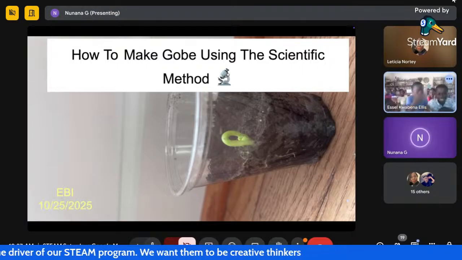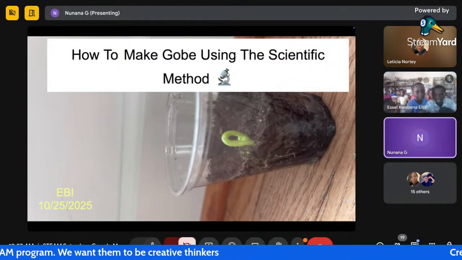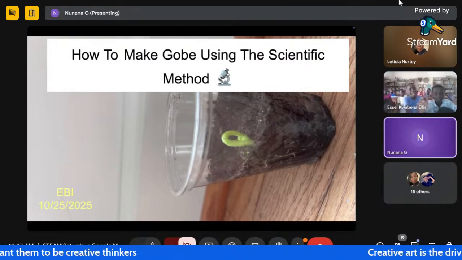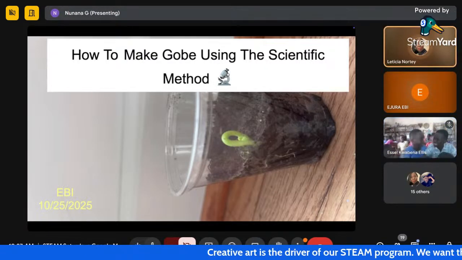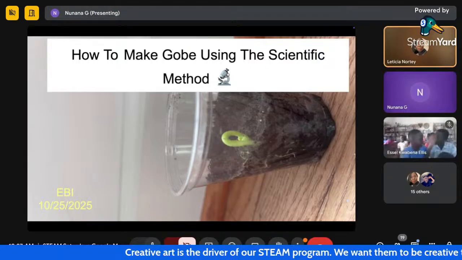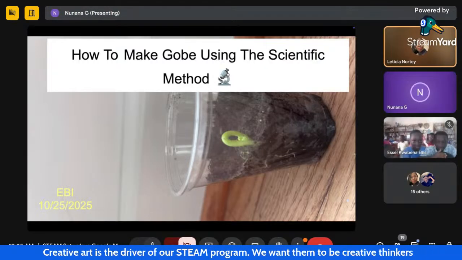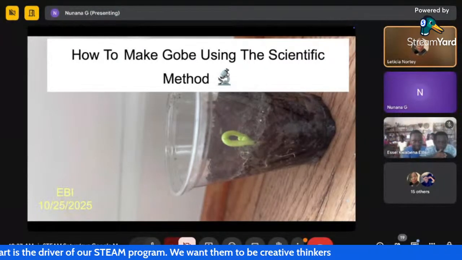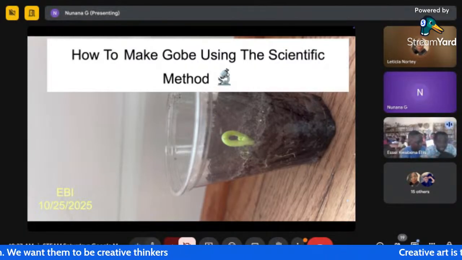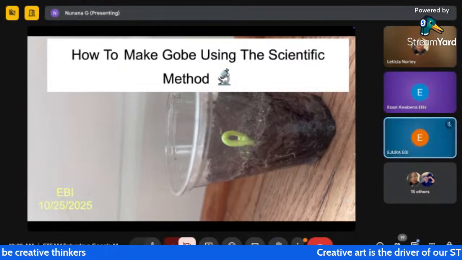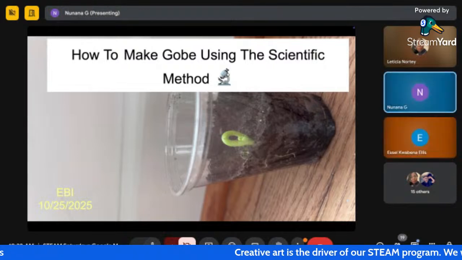How do the farmers get the beans? By planting it. What are they planting? Beans. The bean seed. Okay. Perfect.